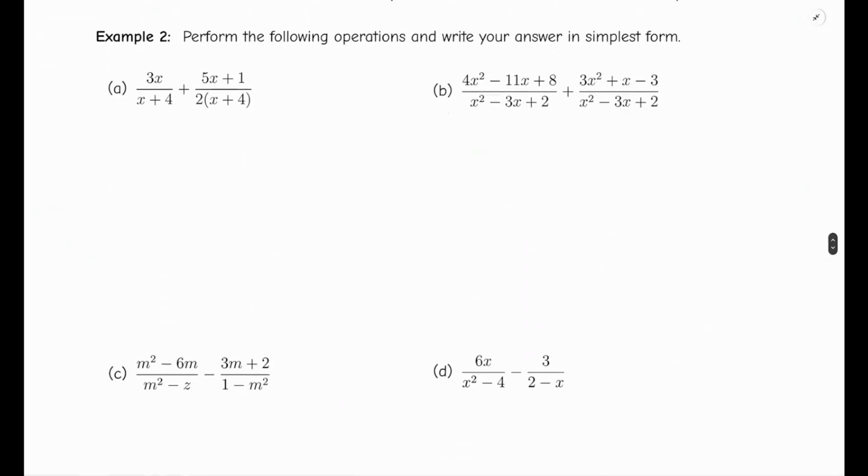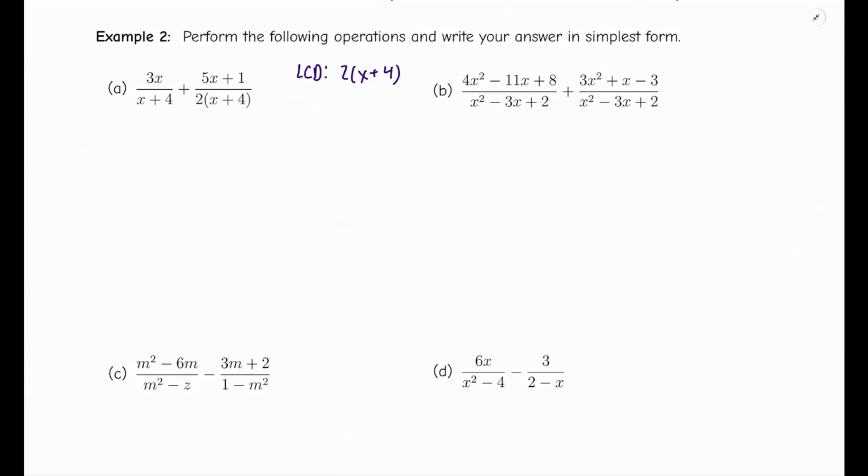Example 2. Perform the following operations and write your answer in simplest form. So for part A, we have 3x over x plus 4 plus 5x plus 1 over 2 times x plus 4. It's easy to see that the LCD is 2x plus 4, because both of the denominators have an x plus 4, but one has a 2, the other doesn't.